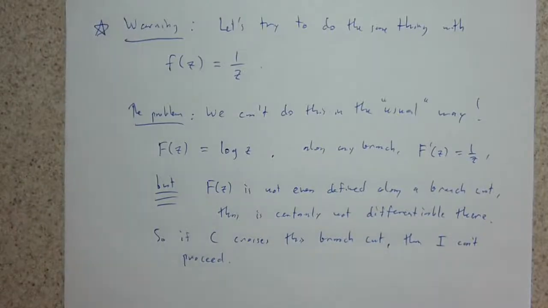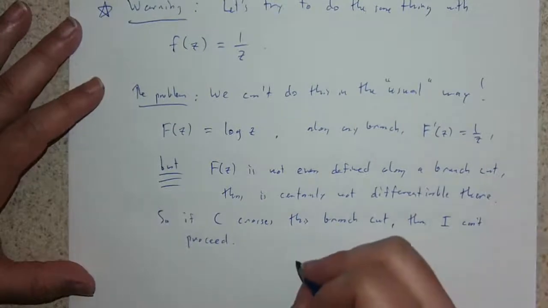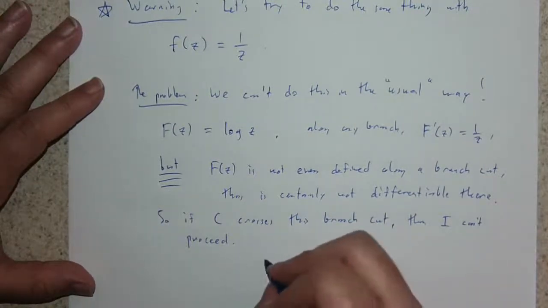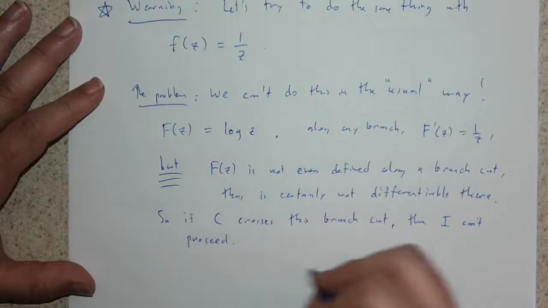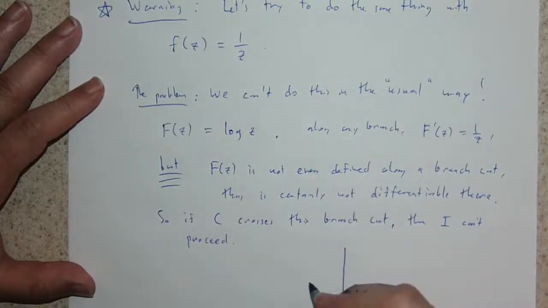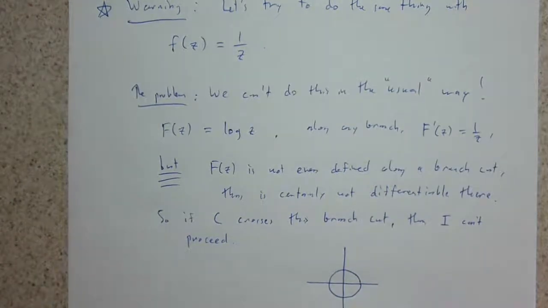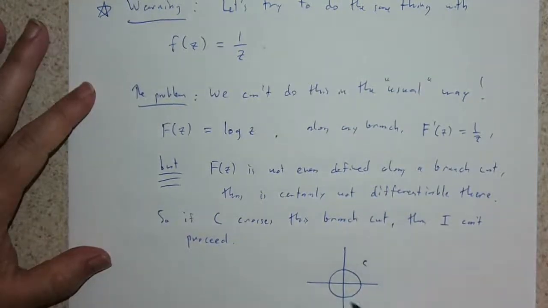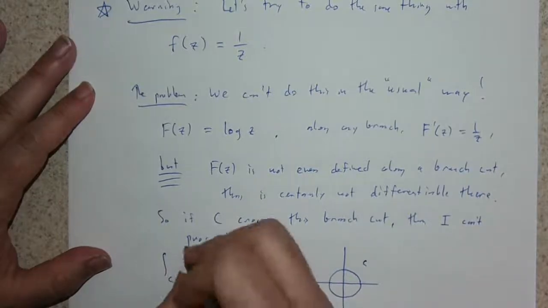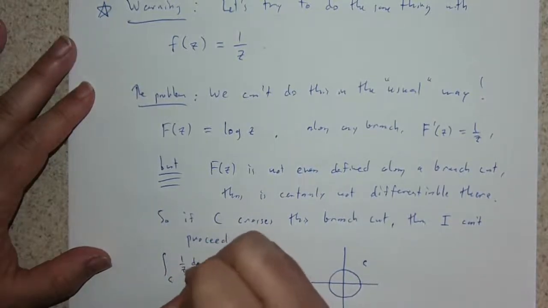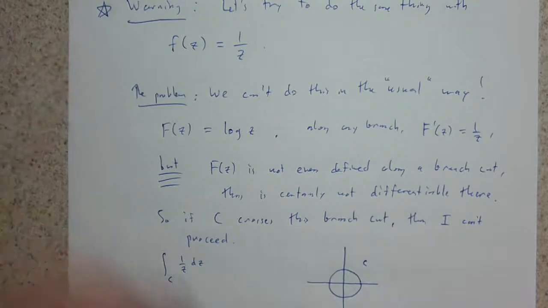Okay. So the reason why I wanted to note this particular example is that, say we wanted to take C to be a positively oriented circle around the origin, and I want to compute this thing.